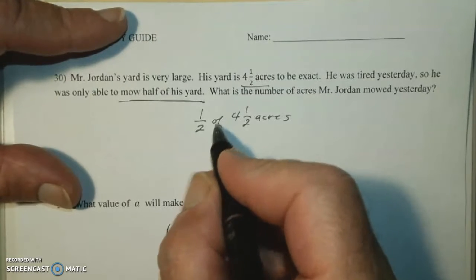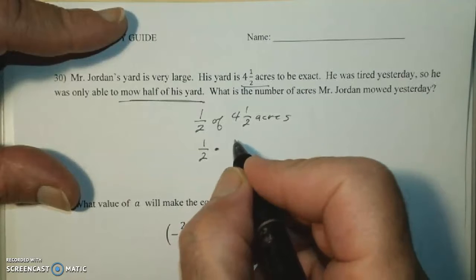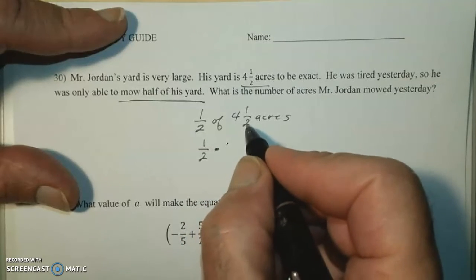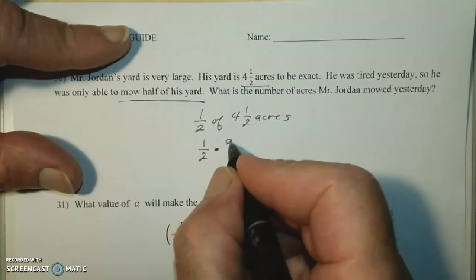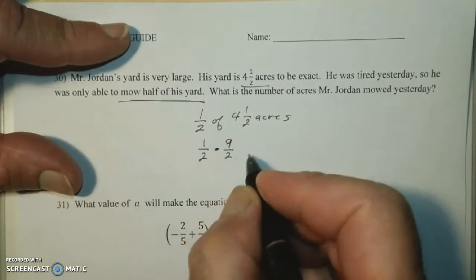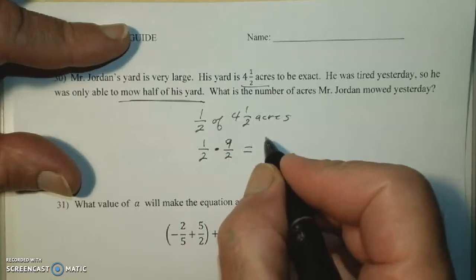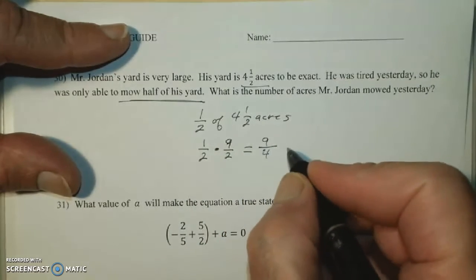And of means multiply. So this is 1/2 times 4.5. Let's make it into an improper fraction. 2 times 4 is 8 plus 1. It's 9 halves. Nothing to reduce, so you multiply. You get 9 over 2 times 2 is 4.